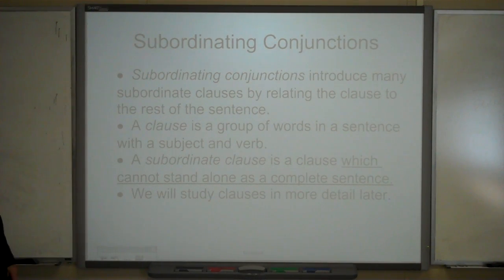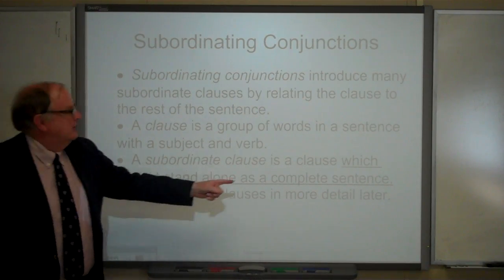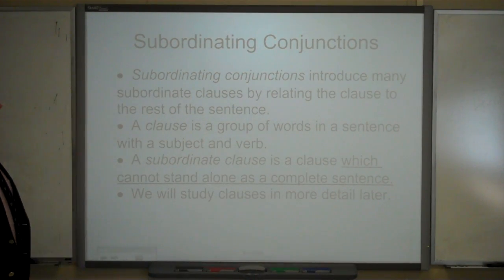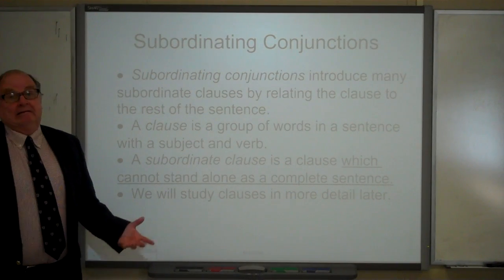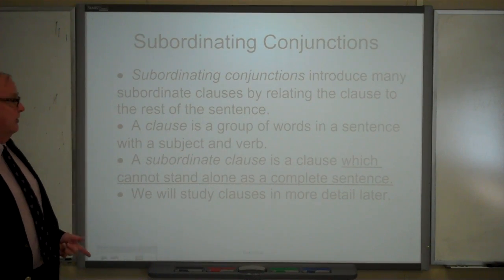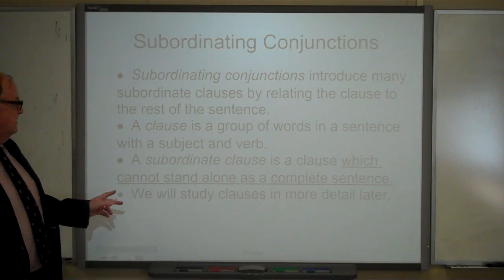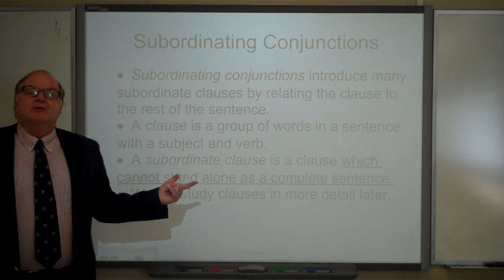A subordinate clause is a clause which cannot stand alone as a complete sentence. This clause that's underlined is a subordinate clause, which cannot stand alone as a complete sentence, but it has a subject and a verb: "which" is the subject, "can stand" is the verb. So it's a subordinate clause.